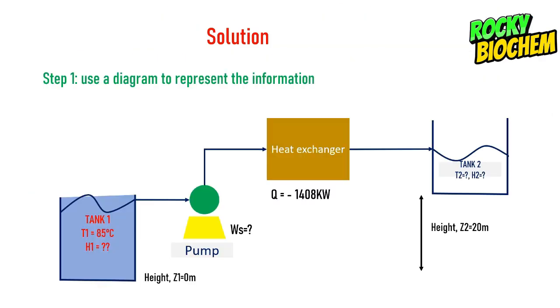First of all, let's use a diagram to represent the information given in the question. This particular diagram summarizes the whole question. We have a tank at point 1, and that particular point was at ground level. That is why the initial height was given to be 0 meters.